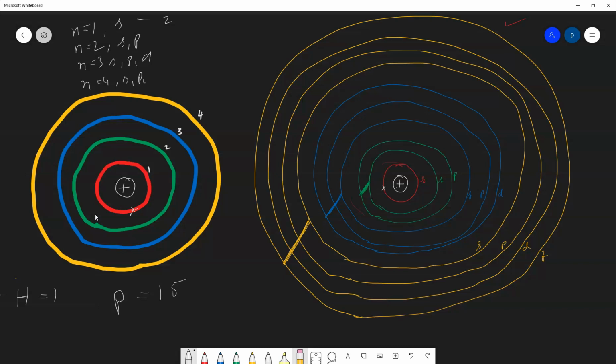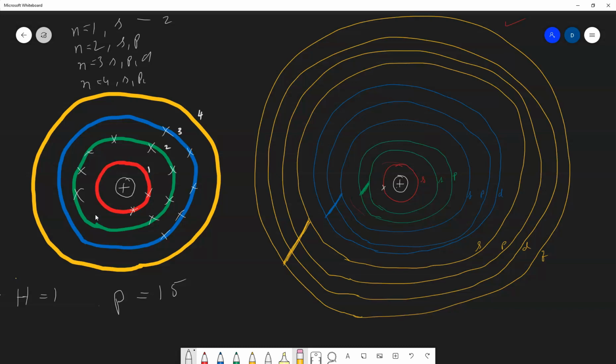The way you fill in this old model is, you'll have 2 electrons here, 8 electrons here, and out of 10, the remaining 5 will go here.